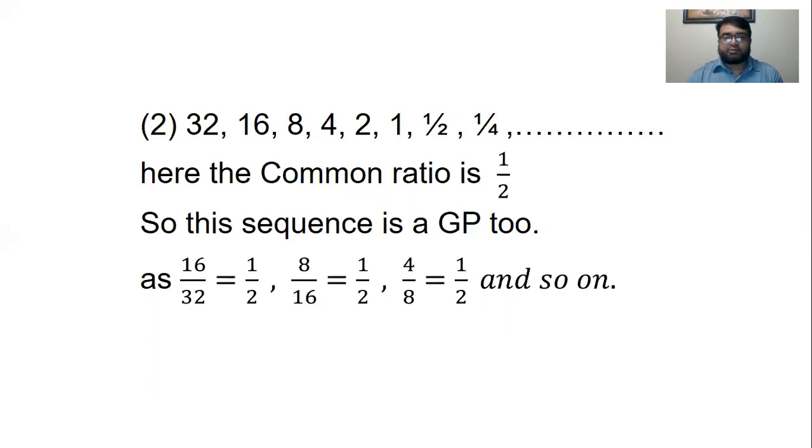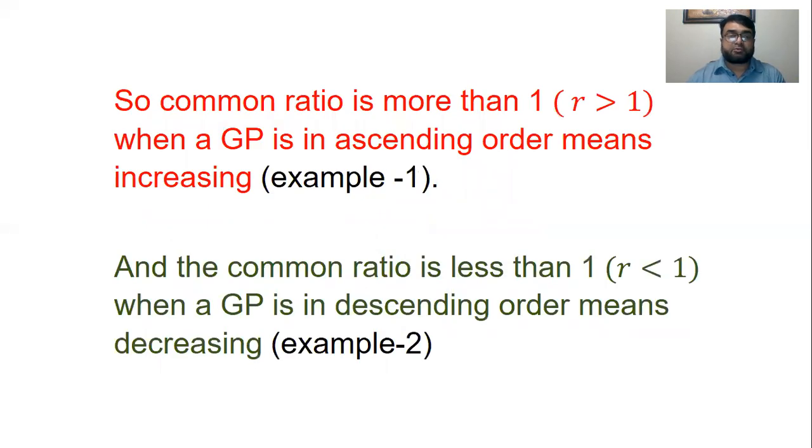Just like 16 by 32 is half, 8 by 16 is half, 4 by 8 is half, and so on. So this is a GP too because this sequence has a common ratio, which is half. We can name this sequence a geometric progression, or we can say it's a geometric series also.